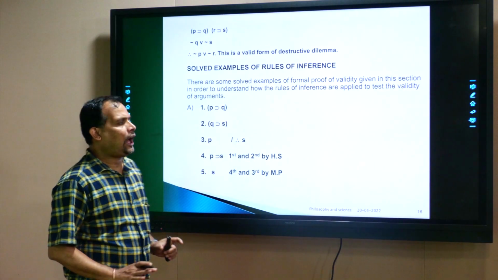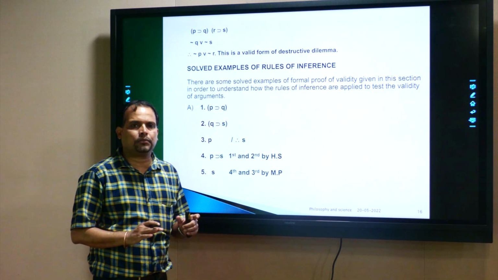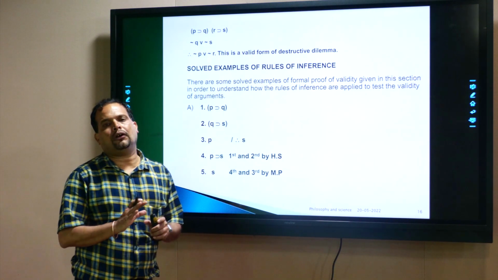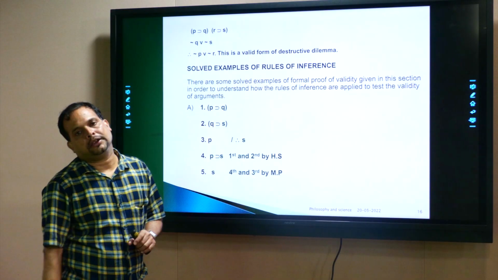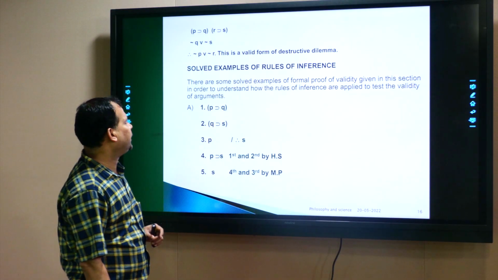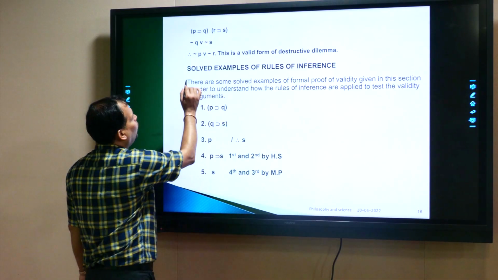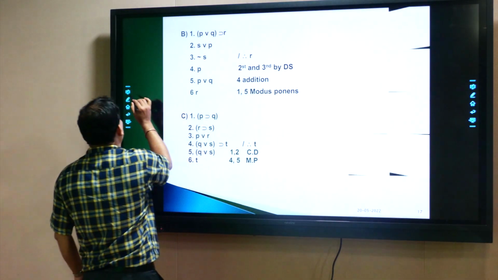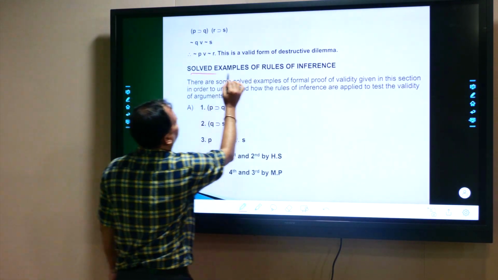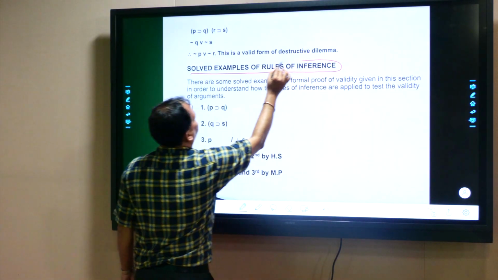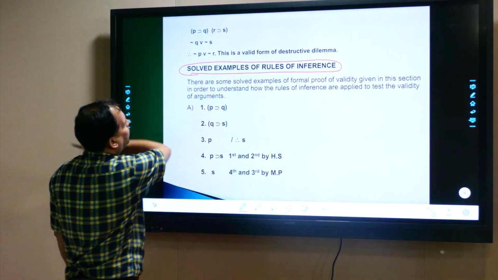Now you see, how can we determine the validity of arguments applying the rules of inference? So you see, dear learners, therefore it is given the solved examples of rules of inference.